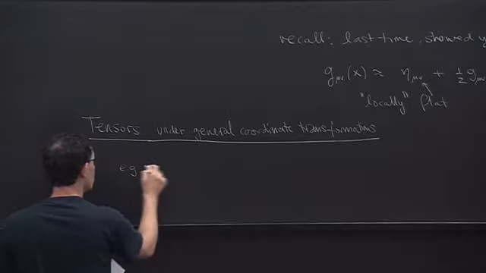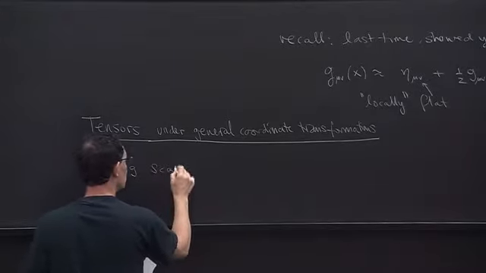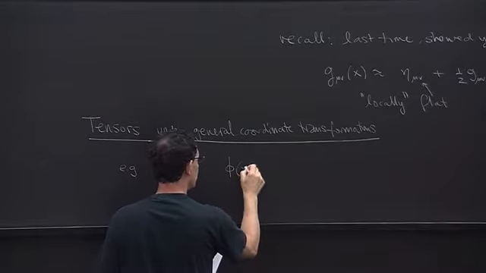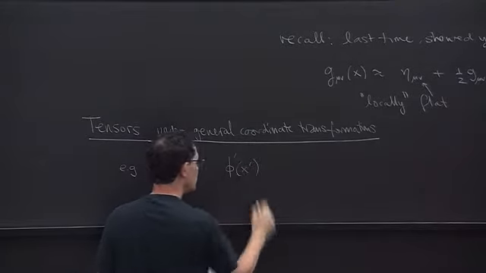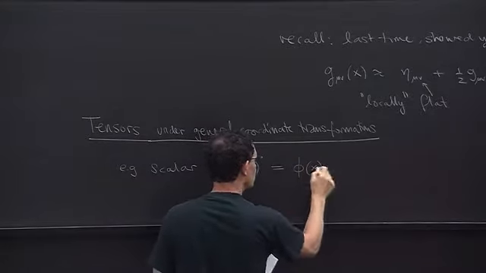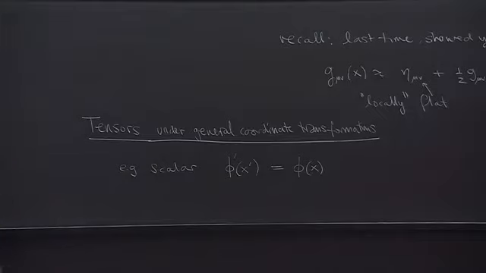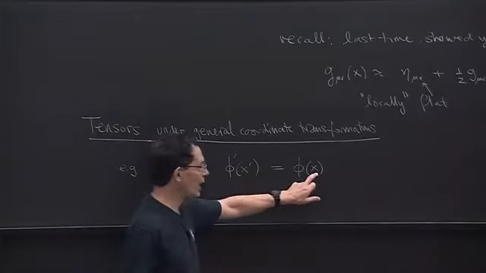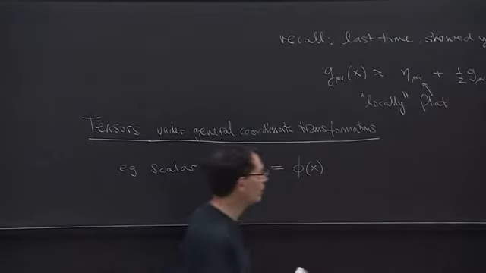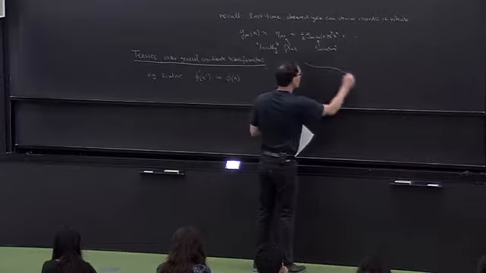An example would be a scalar, some quantity with no indices, and the transformation of a scalar is just that the value of the scalar at a given point is equal to its value at the same point in the old coordinate system. You should picture it like this.